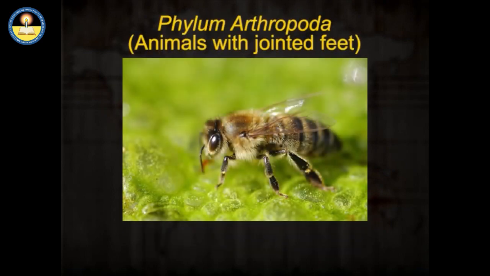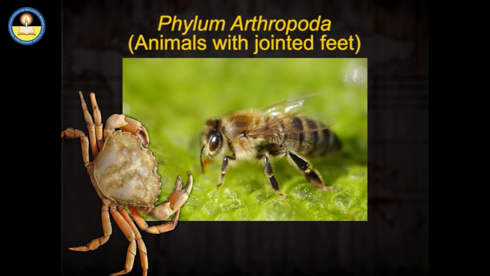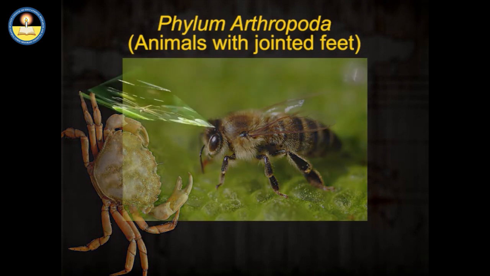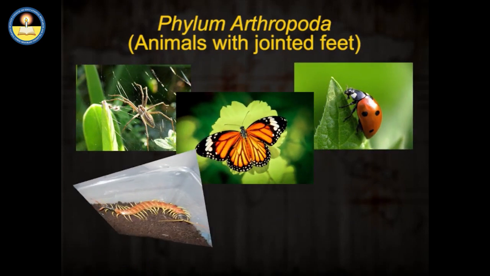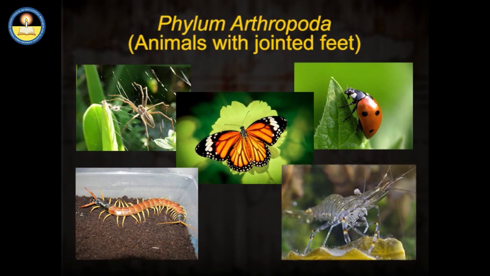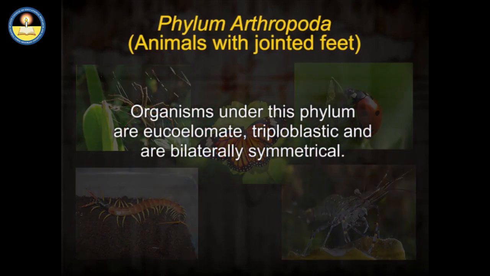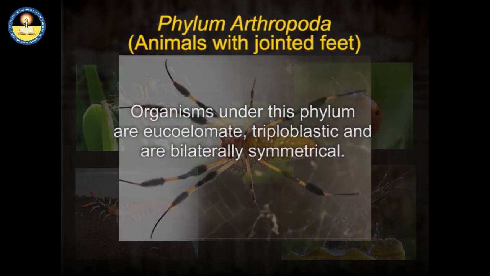Phylum Arthropoda. Animals with jointed feet. This phylum has the maximum number of organisms including spiders, insects, butterflies, centipedes, prawns, etc. Organisms under this phylum are eucoelomate, triploblastic and bilaterally symmetrical.